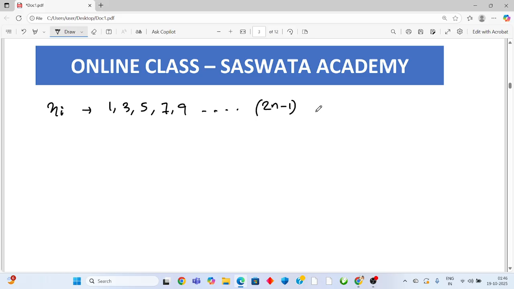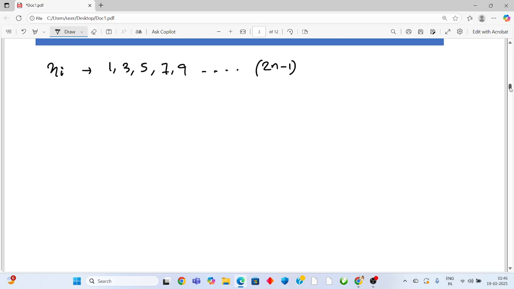So always 2n minus 1 or 2n plus 1 is an odd number. Now, again to calculate mean, we need to calculate the sum of first n odd terms. So 1 plus 3 plus 5 plus 7 plus 9 plus dot dot dot. The last term would be 2n minus 1.